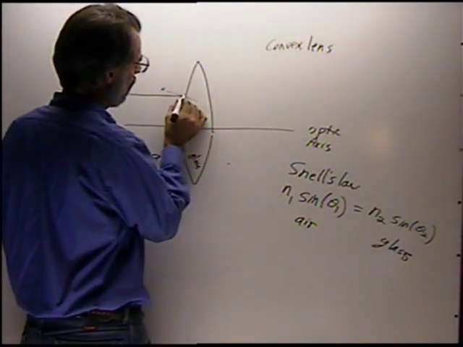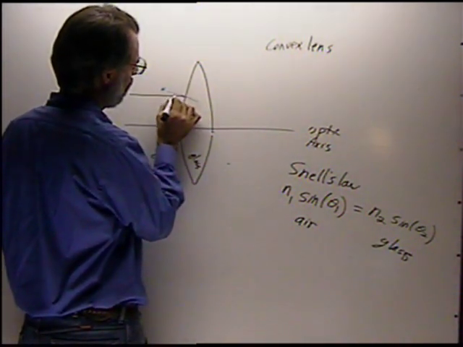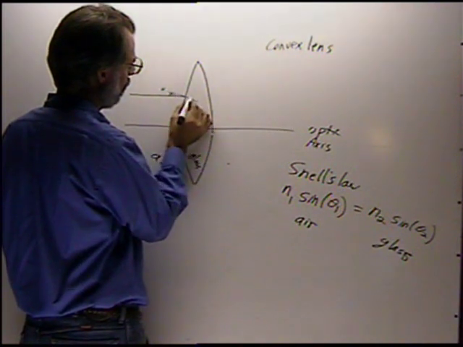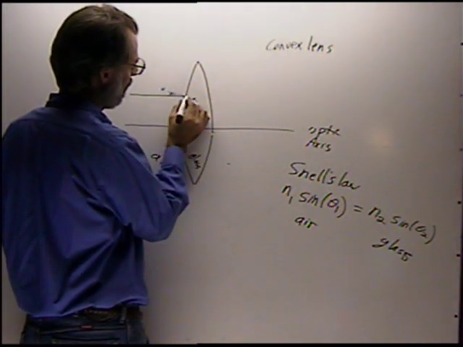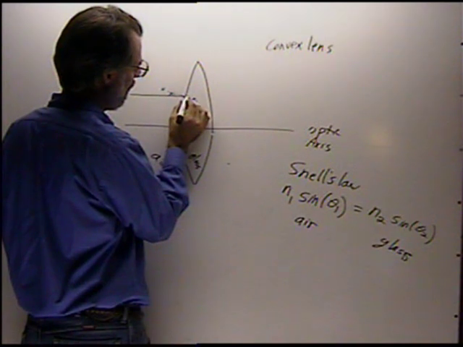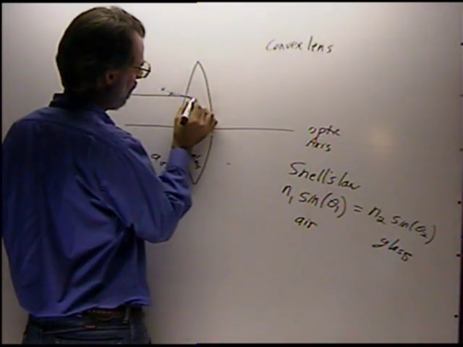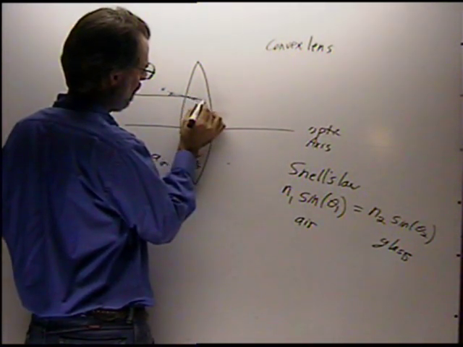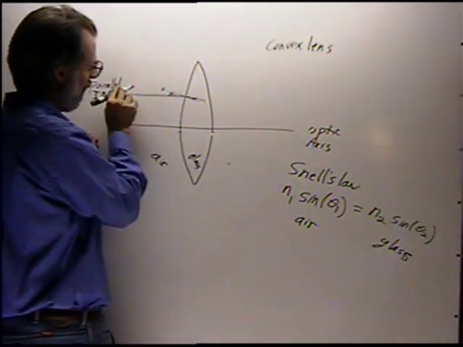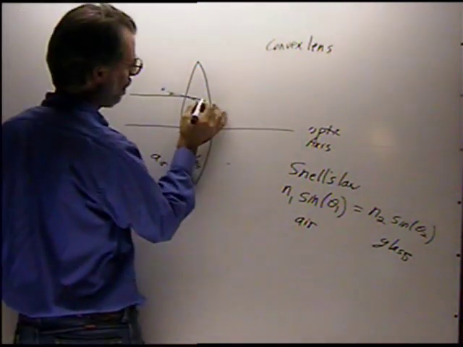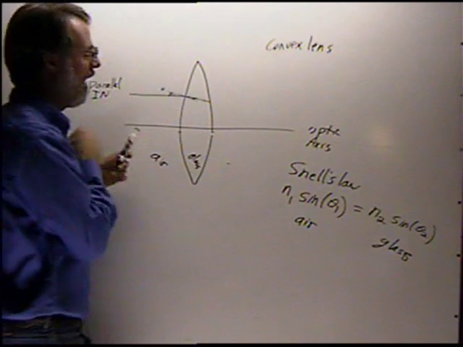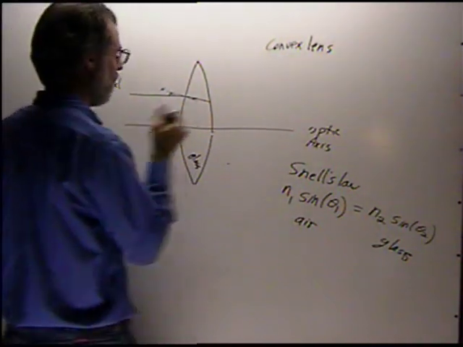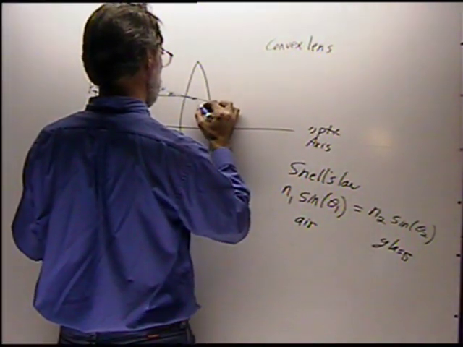So the light ray bends. Here's theta 1, and here's theta 2, and notice how the light ray bends in. It's coming in parallel, but then it dips down. Now I get to another surface.